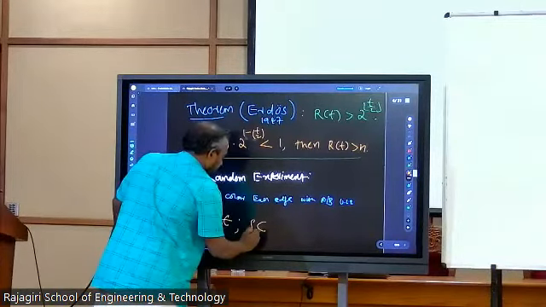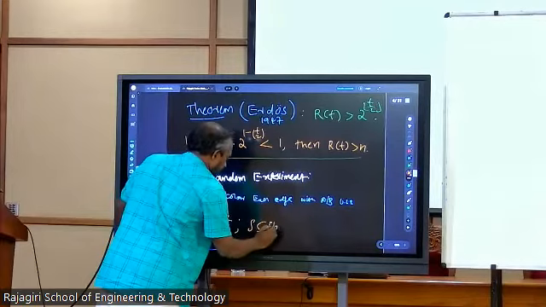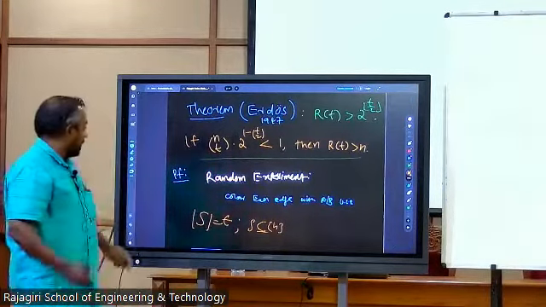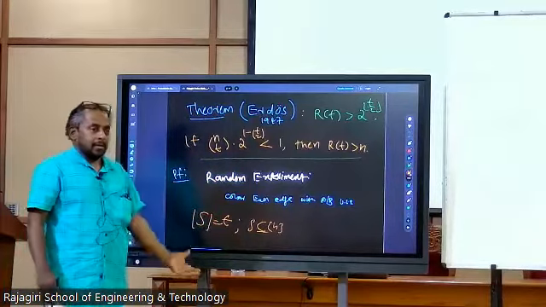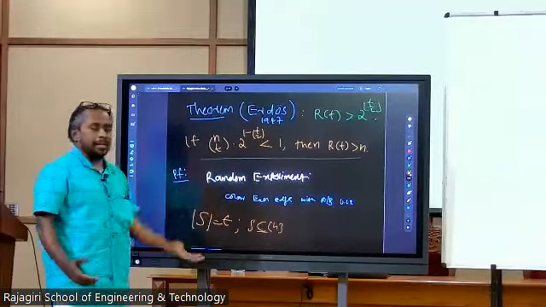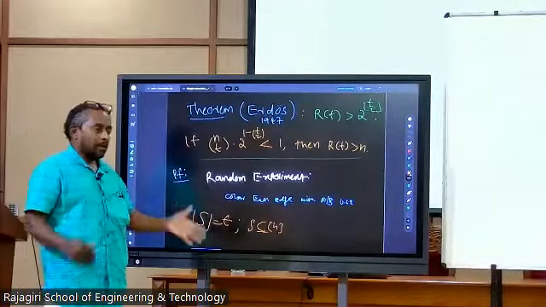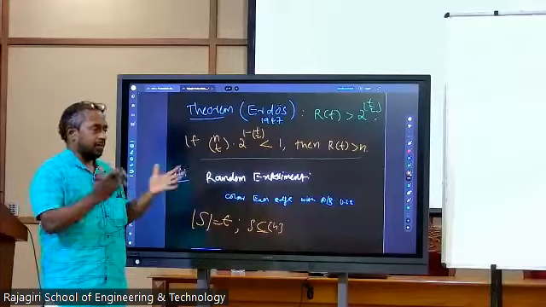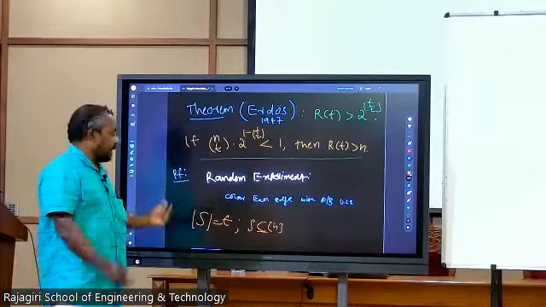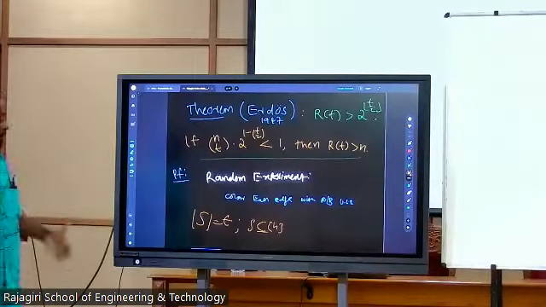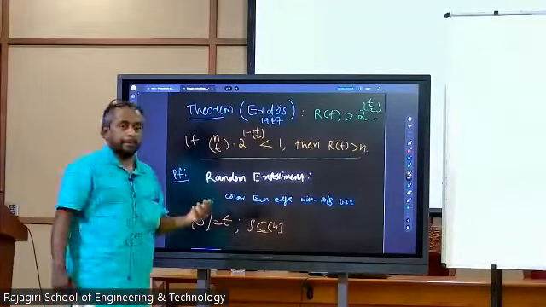S is a subset of the n vertices. So take any t-element subset, then I can ask what is the probability that all the edges of this particular set of vertices, the complete graph, have become red? So what is the probability that all of them are red?